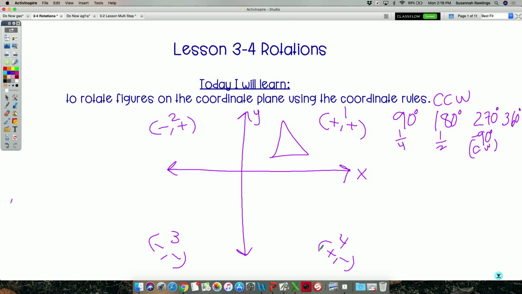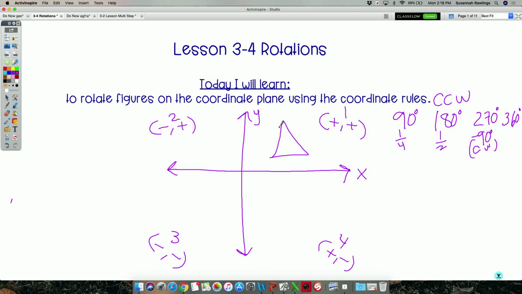So let's say I wanted to go positive 90 degrees, which is what direction? Positive 90? Counterclockwise. So if I were going to rotate this 90 degrees counterclockwise, which is to the left, right?